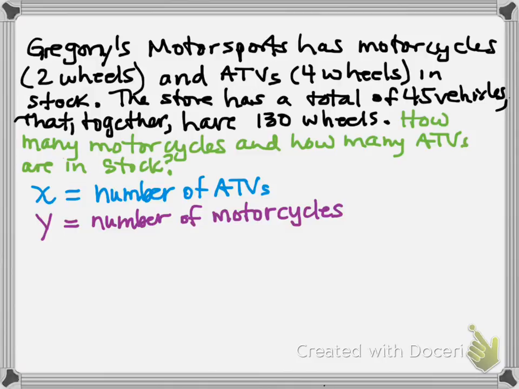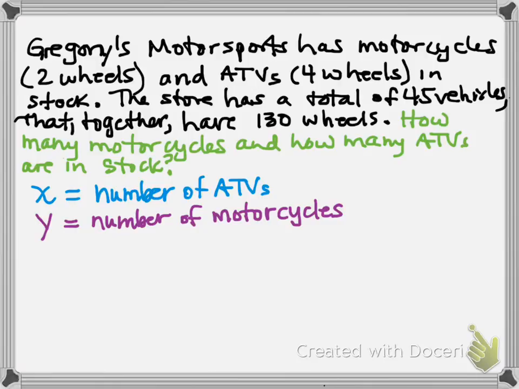Simon? So that together it equals 130 wheels. Okay, how would I write wheels? Does x represent the number of wheels? No. x represents the number of ATVs. So how could I figure out how many wheels for our ATVs? What did it tell us about the ATVs? It has 4 wheels.